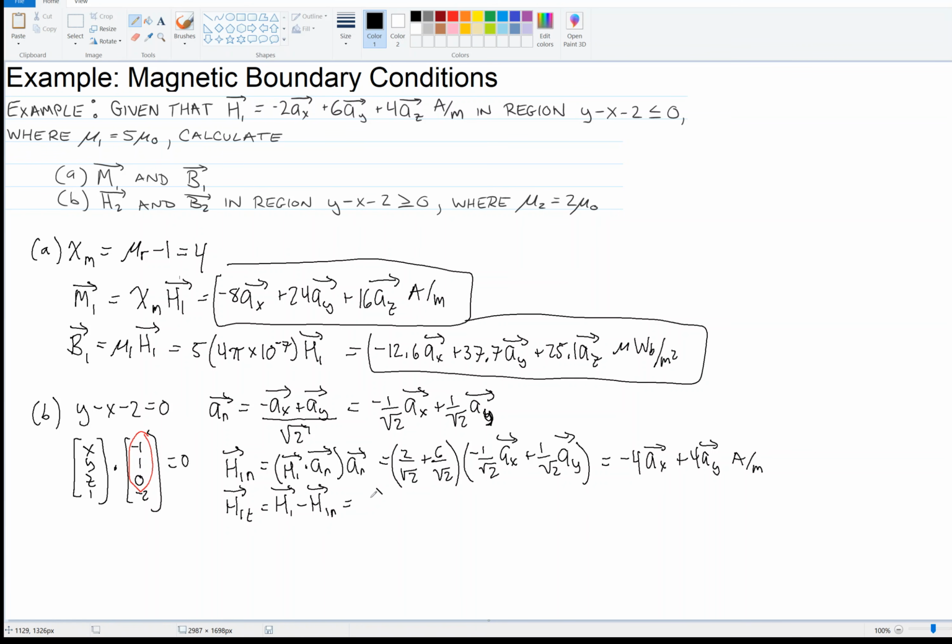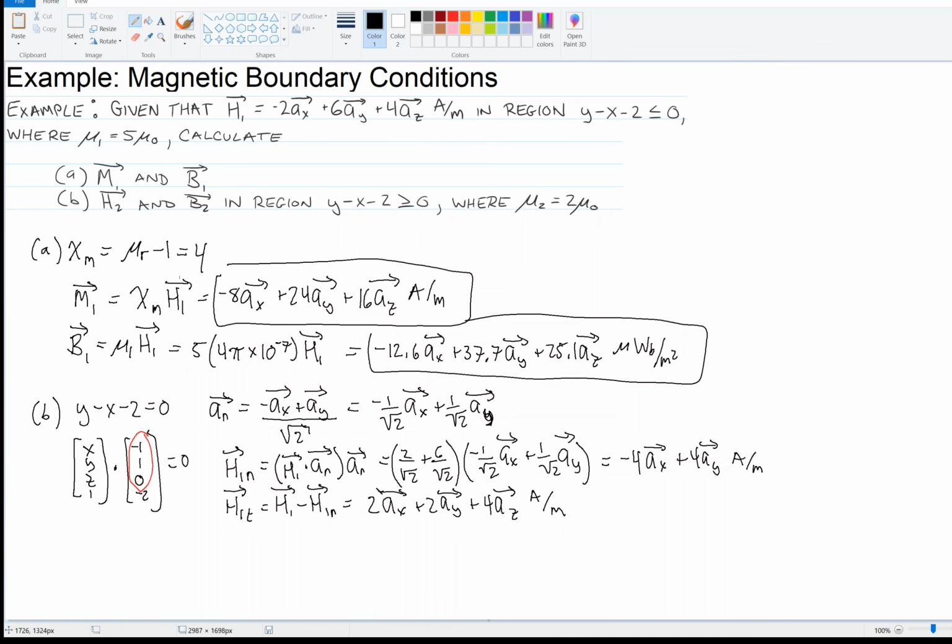And so that gives me, it looks like 2ax plus 2ay plus 4az amps per meter.